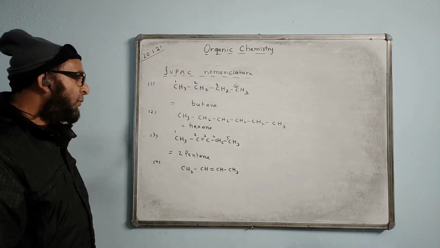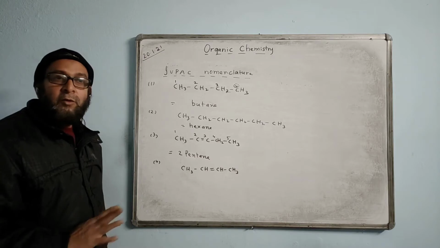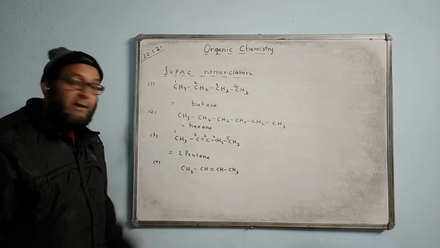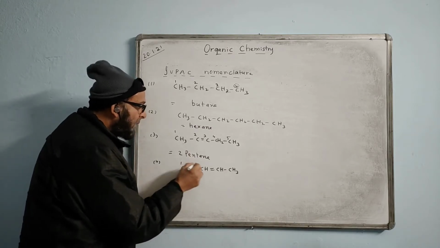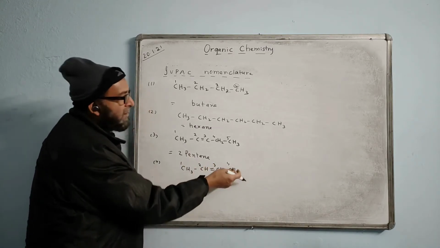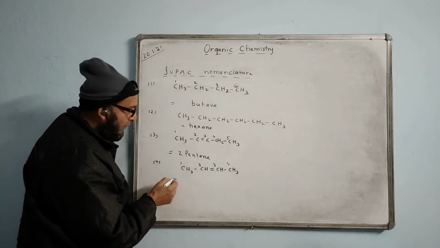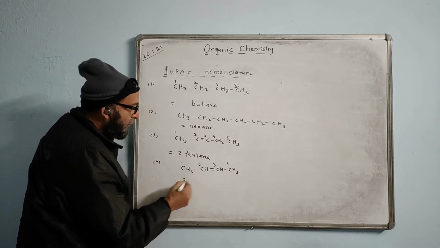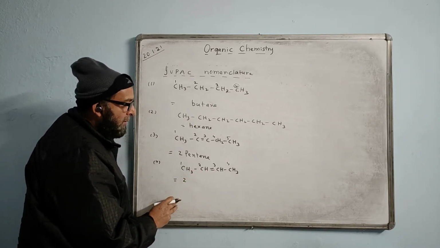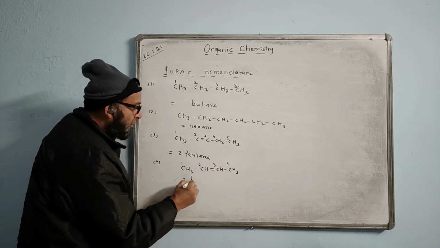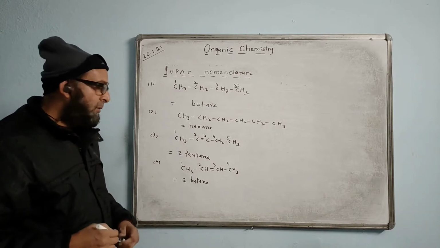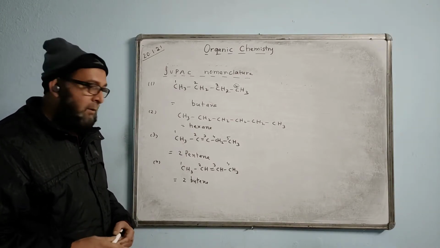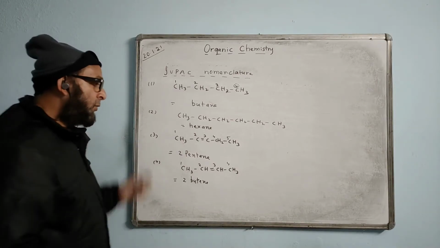This time there is no preference, you can start from either side because the double bond is coming exactly midway. I will start from this side, 1, 2, 3, 4, or you could even start from the other side. It is the same. So which number keeps the double bond? 2. Write here 2 first. 4 carbon, we will call it but. 2 butene. 2 butene is the name of this compound.